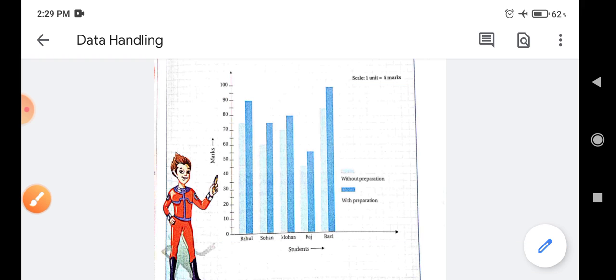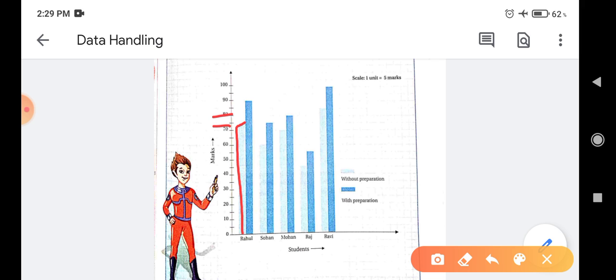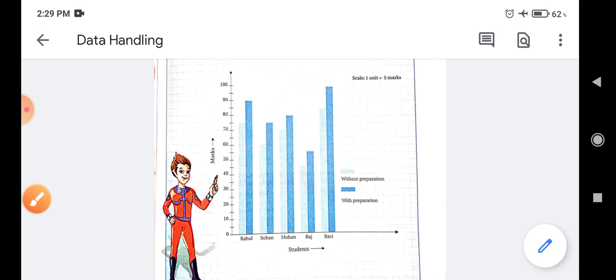Here Rahul got 75 marks. So here is 70 and here is 80, and 75 lies between 70 and 80. So this is a bar that is drawn up to 75. And Rahul scored 90 marks with preparation.